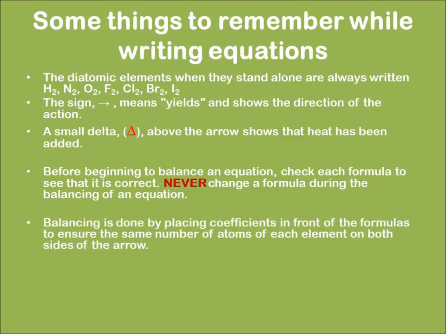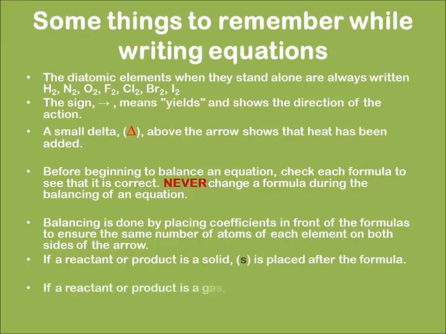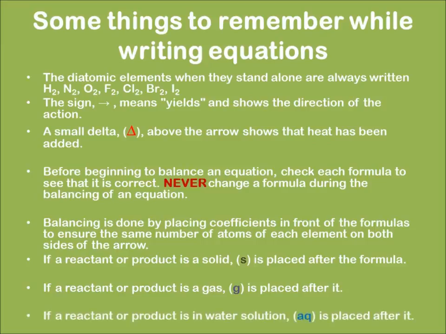Balancing is just a numerical method. And one must know that the physical states are always in lowercase letters, and all the physical states have to be represented after each and every compound in a bracket.